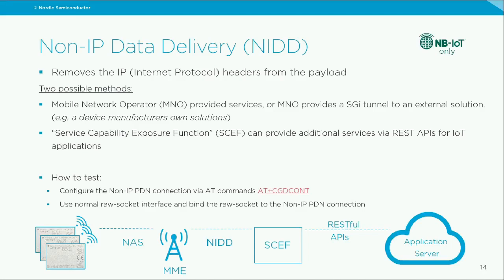So some networks do not buffer data if you're trying to send any data to a device that's sleeping. And you can test this now by configuring the non-IP PDN connection via an AT command, and then you use the normal raw socket interface from nRF Connect SDK and bind the raw socket to the non-IP PDN connection.